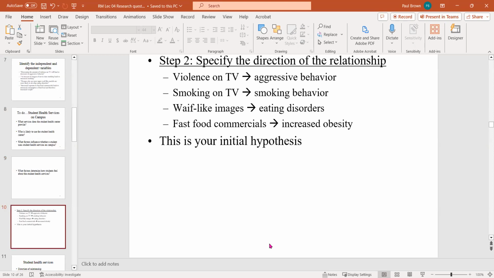So now you have this initial type of model where you've identified your factors. Now you specify the relationship, and that's your hypothesis. Given all these things, do you have to make a hypothesis about each of them, or can you just pick out one of the factors and have a hypothesis based on it?